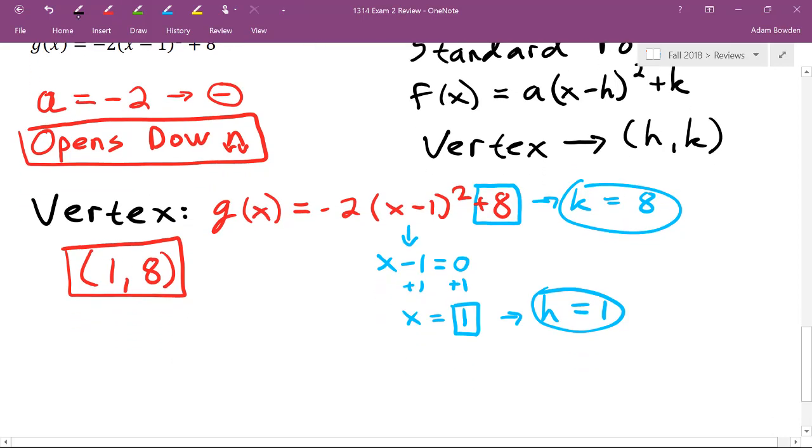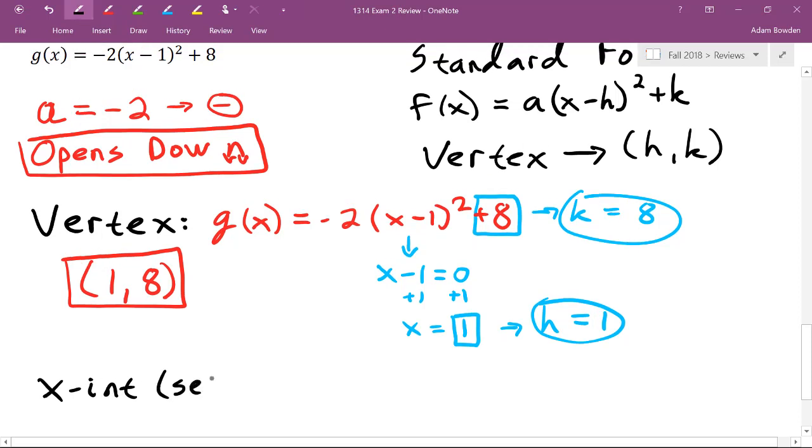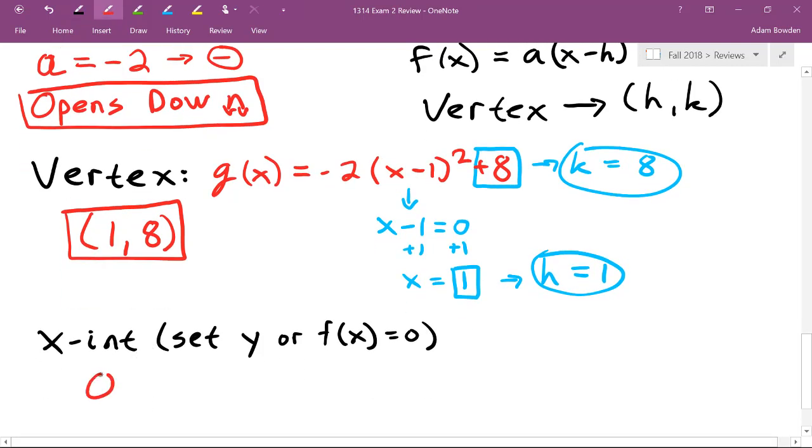Now we'll find the x-intercepts. As with all of our functions, to find the x-intercepts, we set y or f(x) equal to 0 and solve for x. In that case, it's going to look like 0 equals -2(x - 1)^2 + 8.